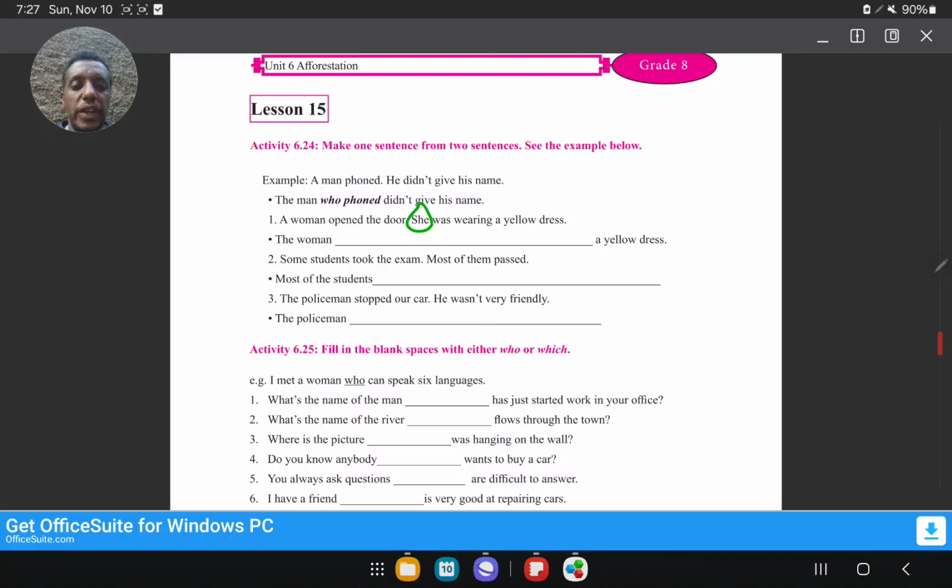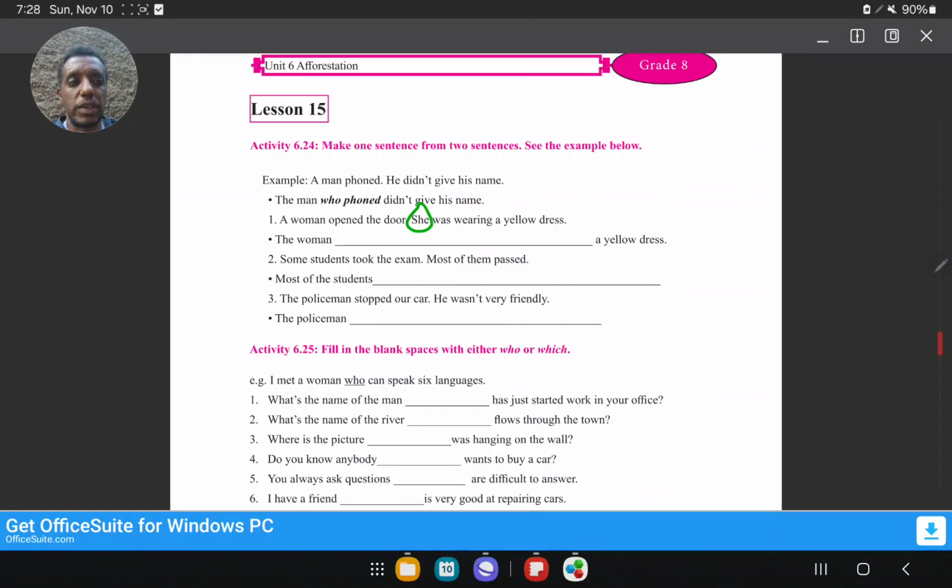He wasn't very friendly. You see, when you answer this question, mind something. He wasn't very friendly, so you can replace he with who. Who is used for a person. So the policeman who wasn't very friendly stopped our car. That is the answer, you see.